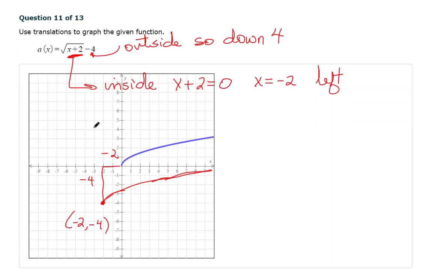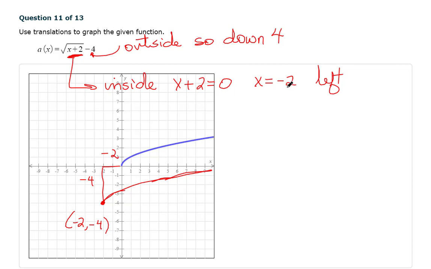In question 11, we have now two things going on. First, it's a square root. All right, I've got something on the outside which is minus 4. The minus 4 on the outside is going to go down by 4. And this something on the inside, what makes it 0 is minus 2.